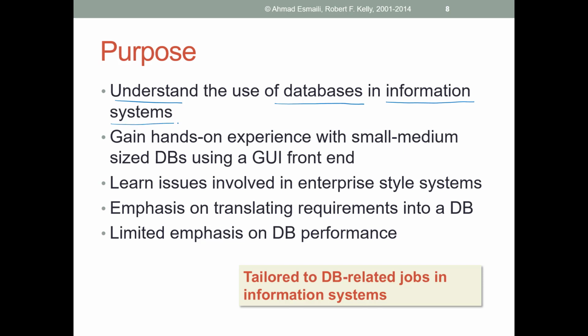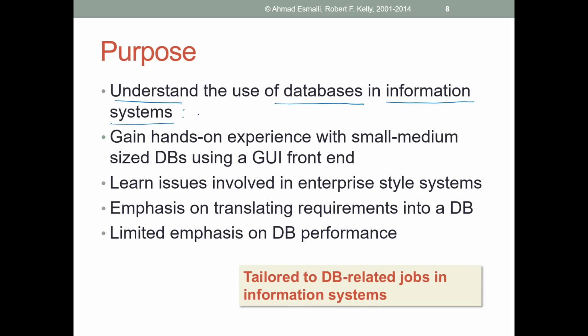Now, you might be wondering, what are information systems? I'll make your life very easy. You can think of information systems as the apps that you use. These apps could be the apps on your phone or the applications on your computer.